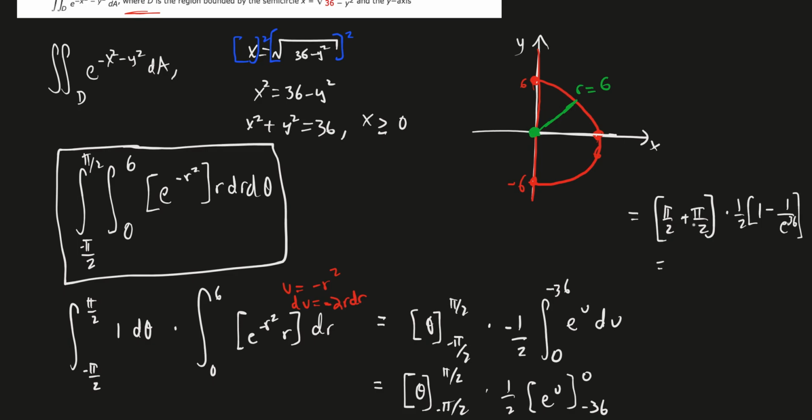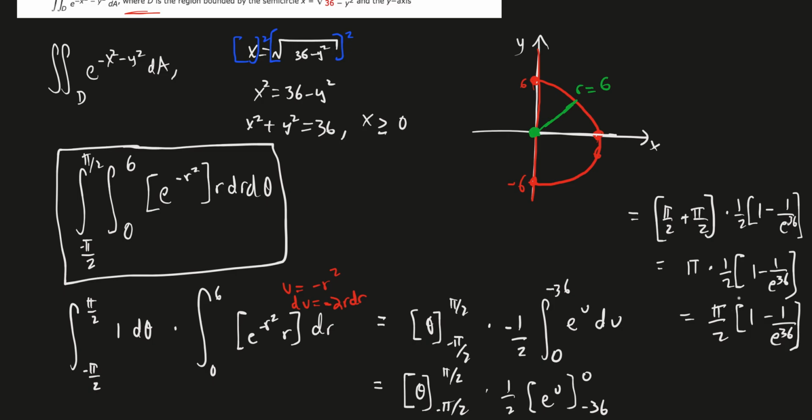So this is pi times 1/2 times 1 minus 1 over e to the 36. This is not too hard now, it's just pi over 2 times 1 minus 1 over e to the 36. Honestly, I would leave it here.